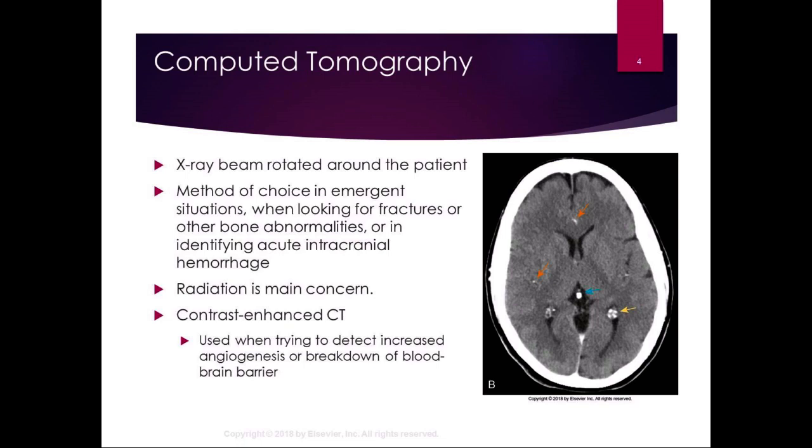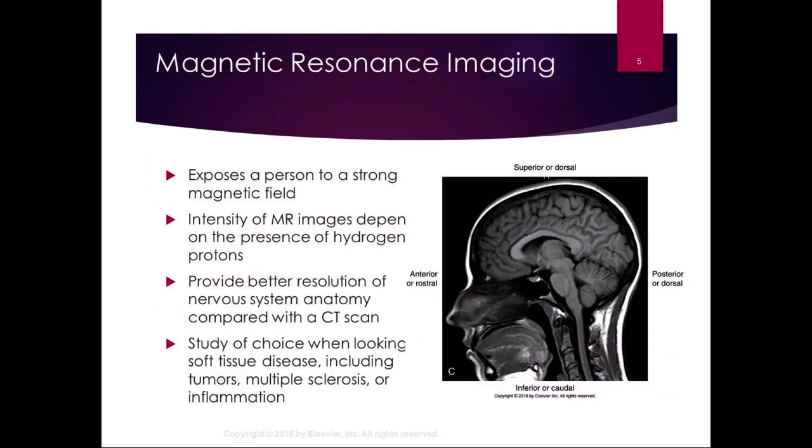They have contrast-enhanced CT when they're trying to detect increased angiogenesis, as with a tumor, or the breakdown of the blood-brain barrier. So both of those are pretty serious situations. MRI, or magnetic resonance imaging, rather than exposing the person to X-rays, exposes the person to a strong magnetic field.